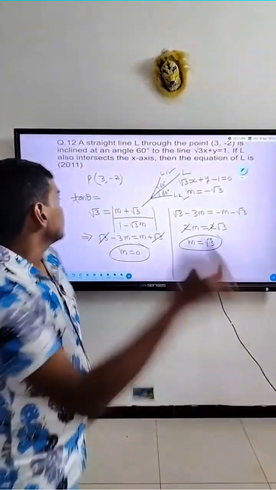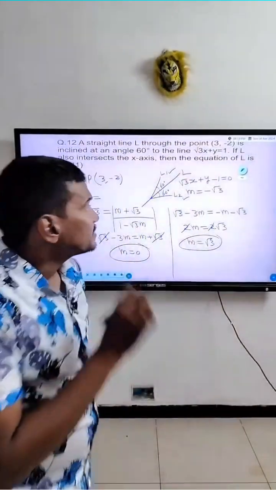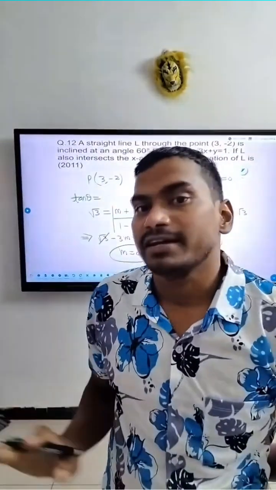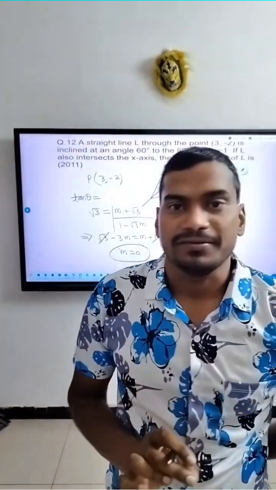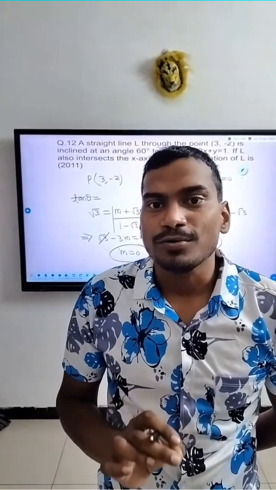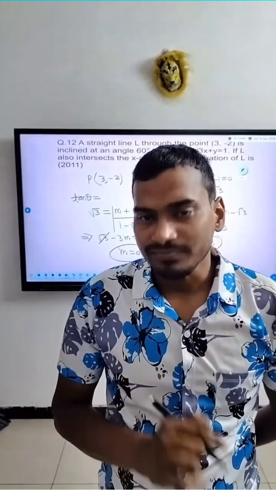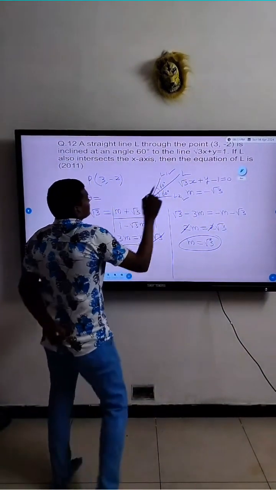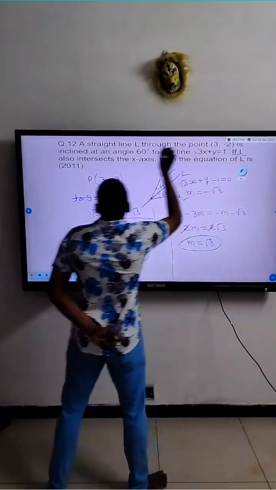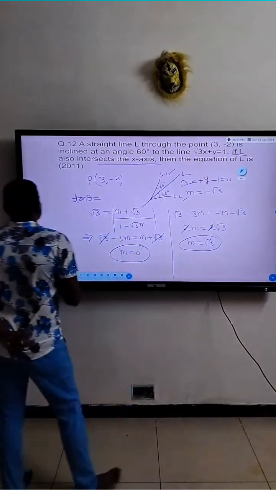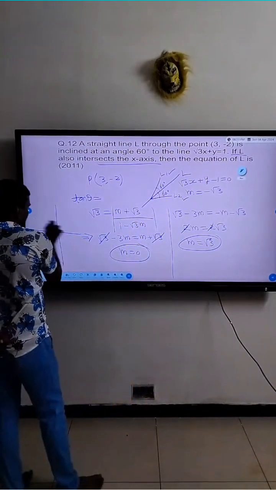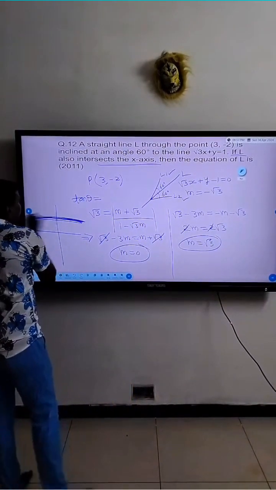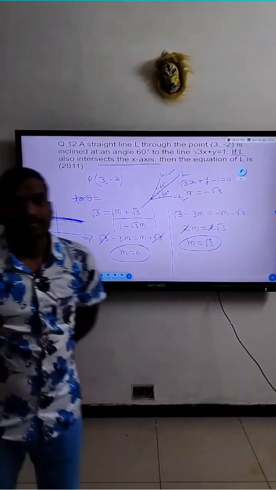But it was a single correct question. It was not a multiple correct question. We have to select only one. Right? So how to identify that one option out of the four? See what they have told, that the line is also intersecting the x-axis. So when the line is intersecting the x-axis, it can never be parallel to the x-axis.